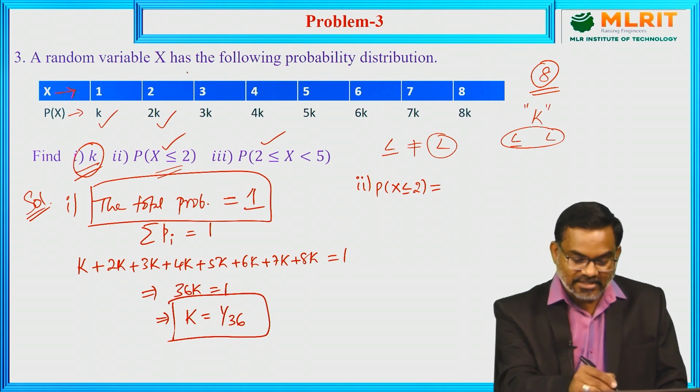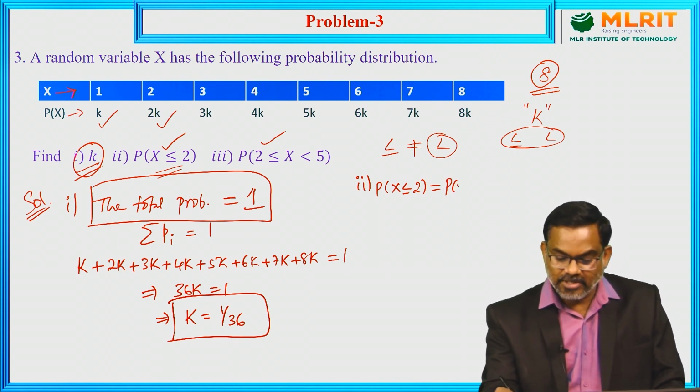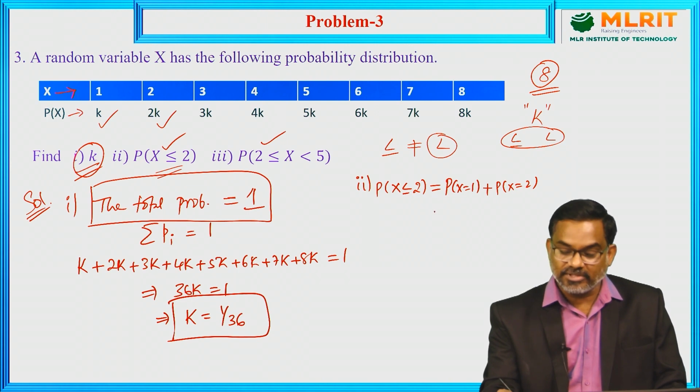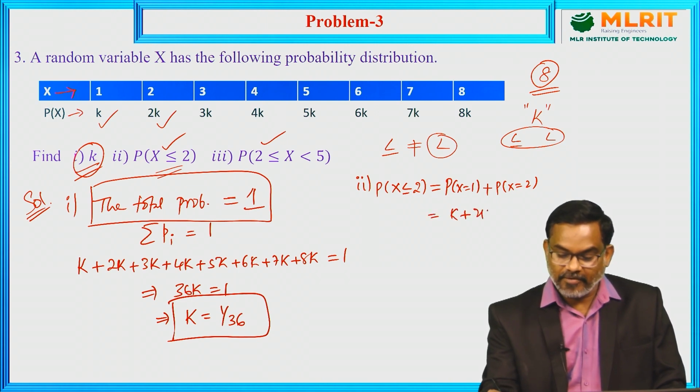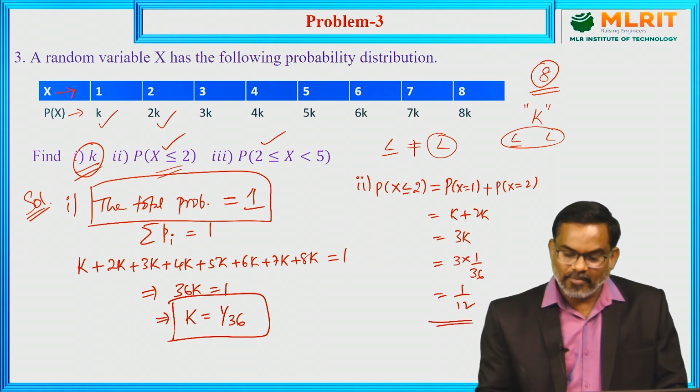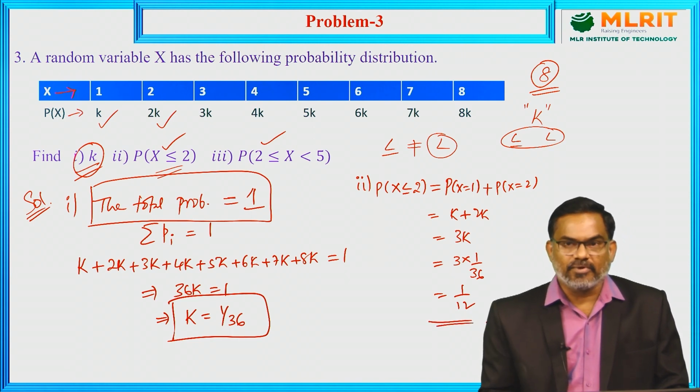So, there are only two values. This is equal to probability of X equal to 1 plus probability of X equal to 2. So, K plus 2K, which is 3K, but K is 1 by 36. So, the answer is 1 by 12. The probability of X less than or equal to 2 is 1 by 12.